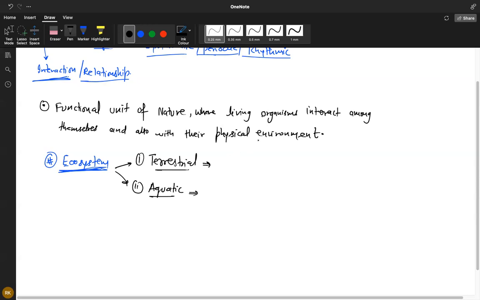Terrestrial will contain all, like Arpit said very correctly, he pointed out that forest acts as an ecosystem. Even desert acts as a different ecosystem. Grasslands. Now, why are we calling them different? Because the kind of organisms and the kind of biotic factors you will find, and also abiotic factors, in a forest will be very different from what you find in a desert. So if you talk about any biotic factor like trees, you will find a lot of greenery in a forest, but not that much in a desert.